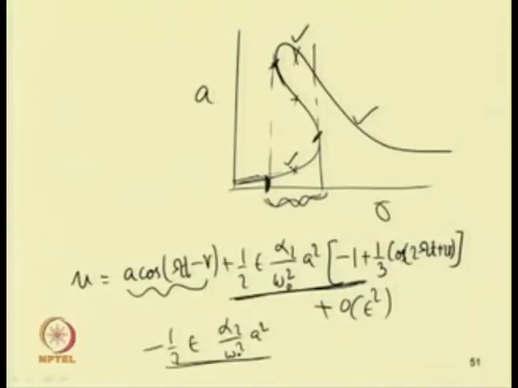the response will not oscillate about u equal to 0. There will be a drift from the u equal to 0 line, and that is due to the presence of this quadratic nonlinearity.